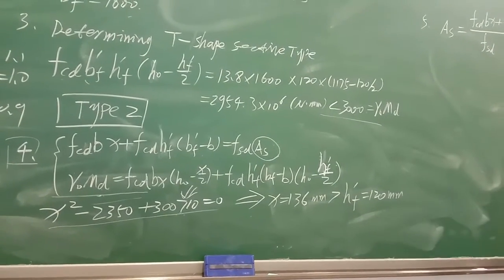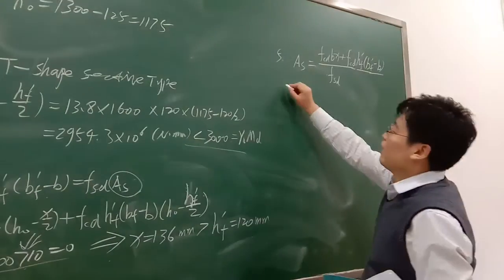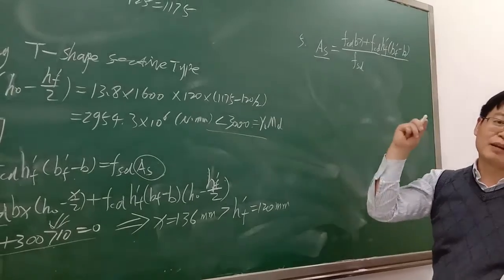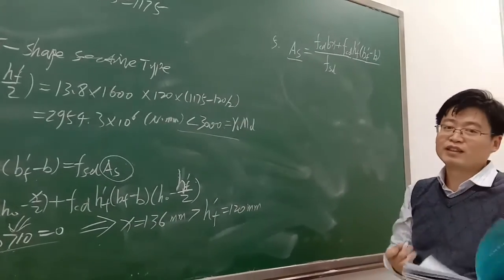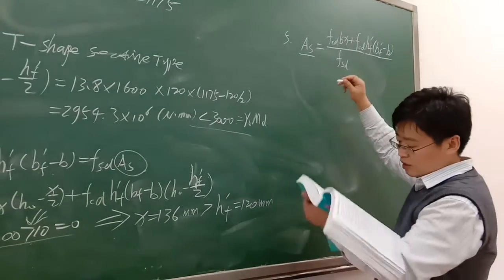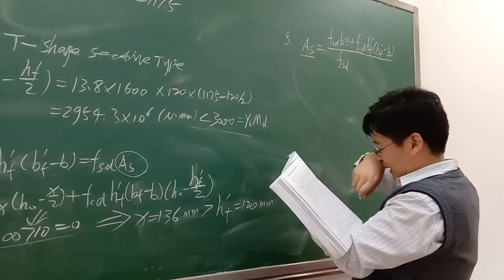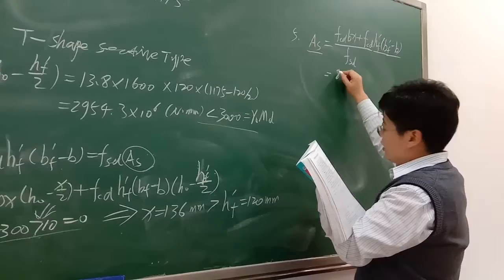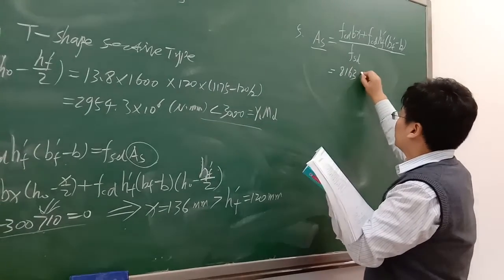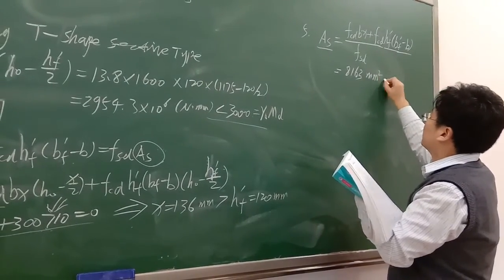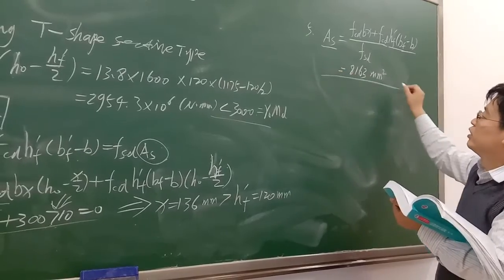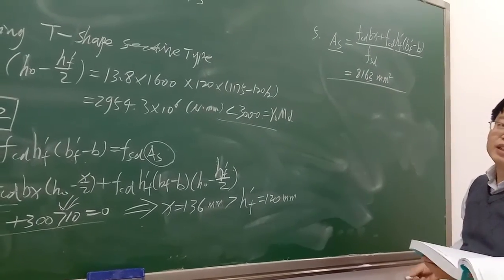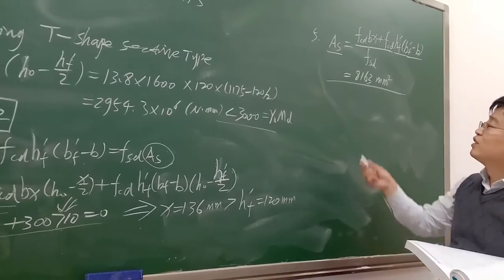So we got AS. Now, once you got AS, we determine the number and the diameter of the reinforcement. The real arrangement is still to be decided. In this question, we got AS, the area of reinforcement we need. So you check the table.